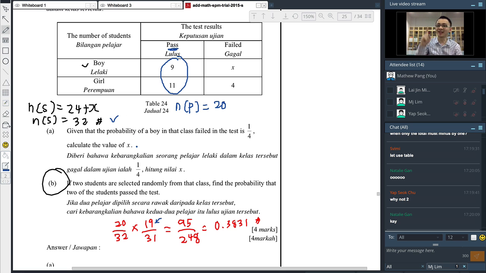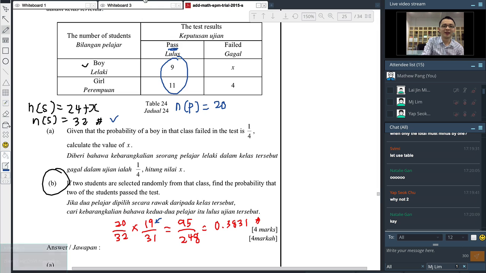So if I select the first student who passed the test from the 20 students, obviously the probability is 20 out of 32. Because this is your probability, right? It means you close your eyes, you randomly select from the 32 students in the class, and you can get 20 students who pass the test.